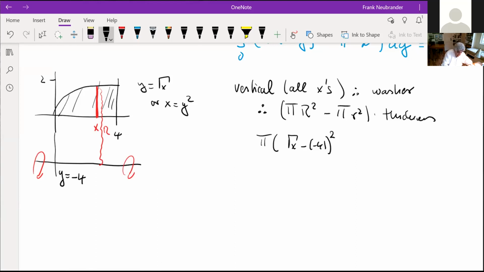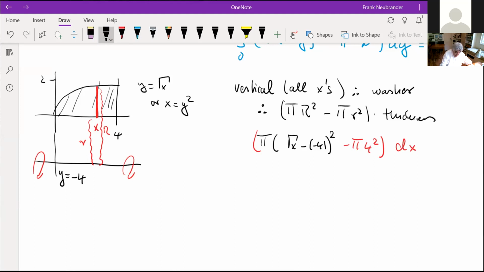And what is the little radius? The small radius is from here to there. And that will be always 4. The upper 0 minus minus 4. So it is 4. So it's minus pi times 4 squared. And you multiply this with the thickness, which is a small increment in x direction.